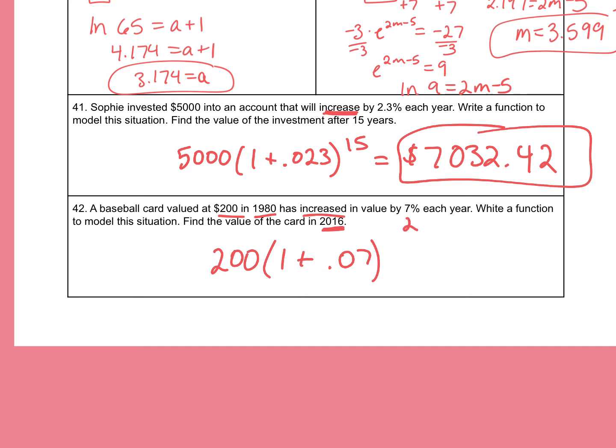So write that out if you need to so you remember it. So 36 is going to be that t value. So when I type that in, I end up with $2,284.79.